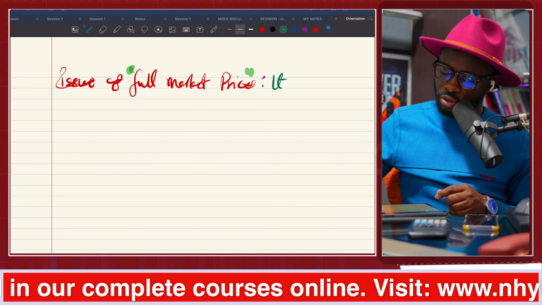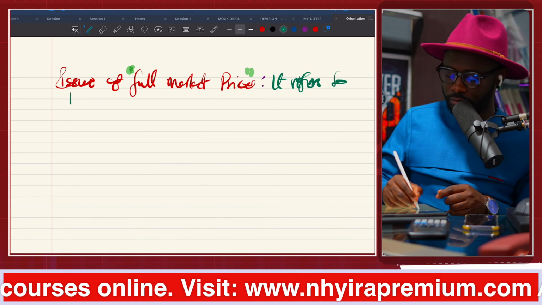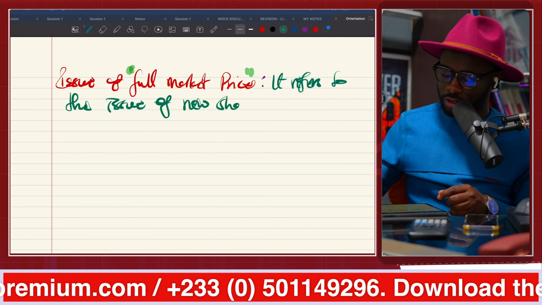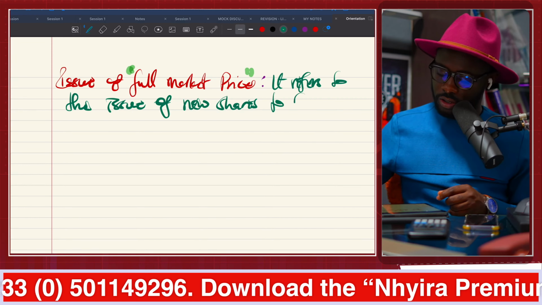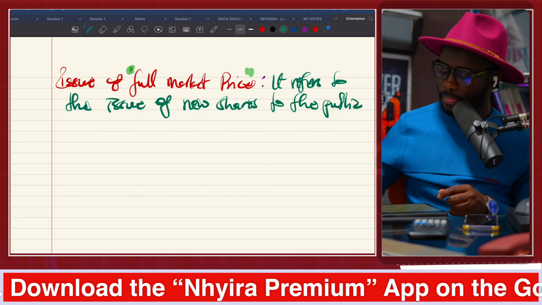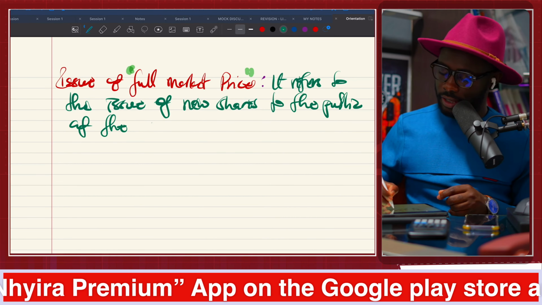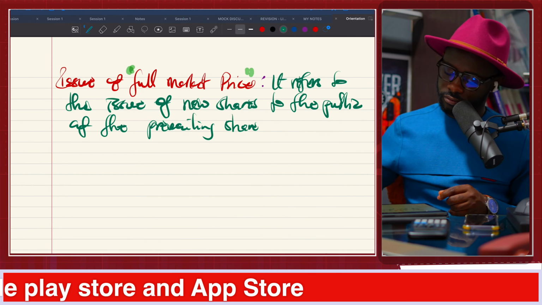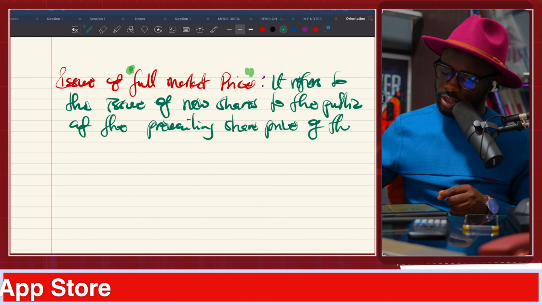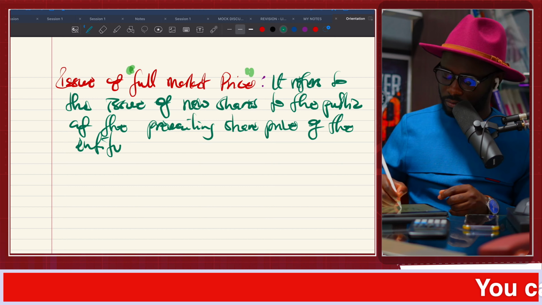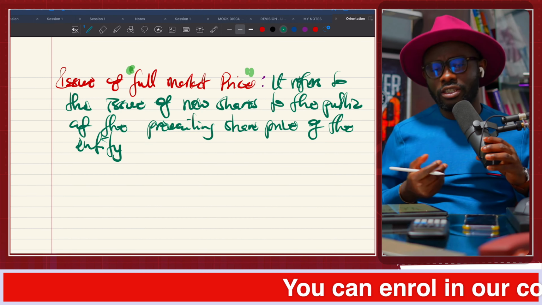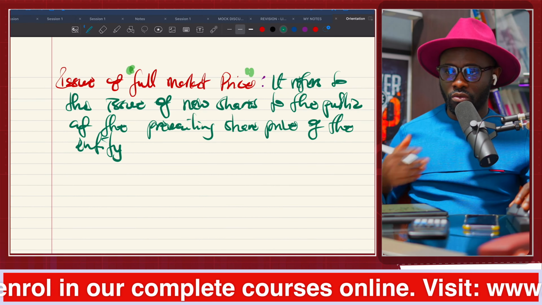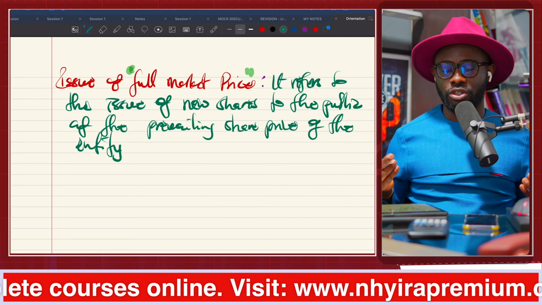It refers to the issue of new shares to the public at the prevailing share price of the entity. That's all. So it's one of the simplest areas that we can start our discussion from when it comes to dealing with this whole issue.